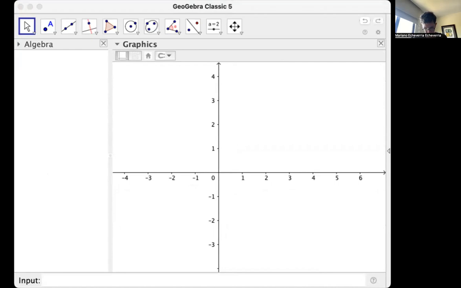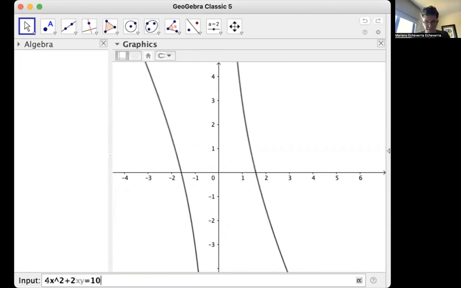The equation of the conic was 4x squared plus 2xy equals 10.